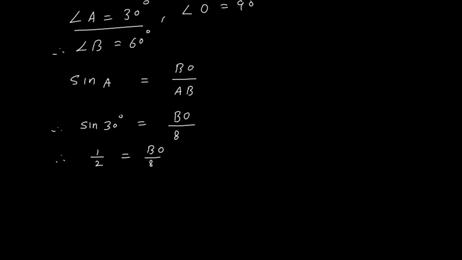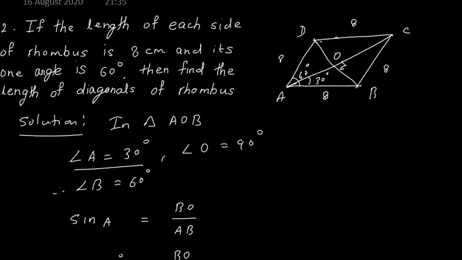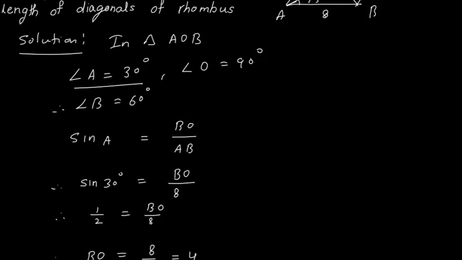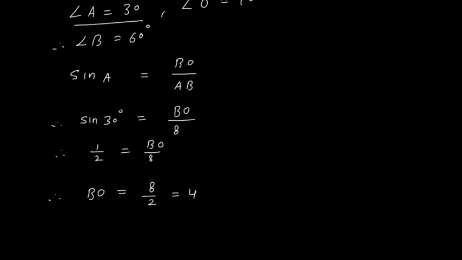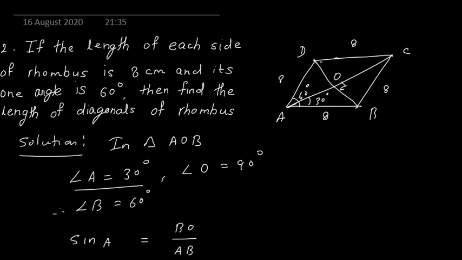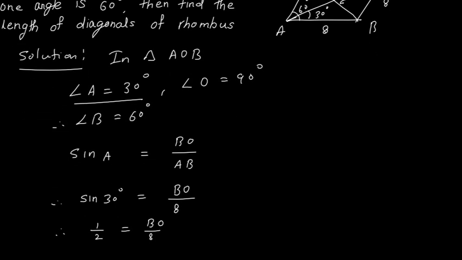Therefore the value of BO will be 8 upon 2. 8 upon 2 is what? 4. So the value of BO is 4. So I got the length of BO. Next we can find AO. For that we will use cos of angle A. So cos of angle A is equal to AO upon AB.